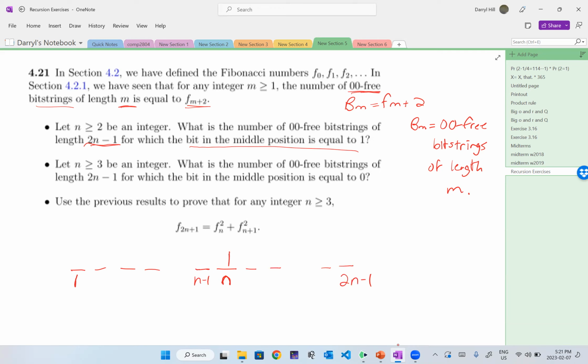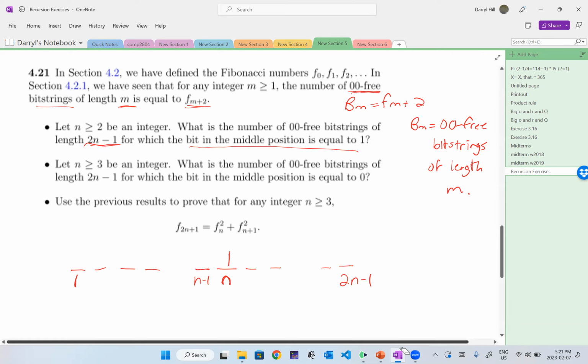So this is a 00-free bit string, and I want you to count the number of 00-free bit strings in which the middle bit is a 1. Okay, so this is similar to how we count them in general, right? We say, well, if we fix it to be a 1, is there any restriction on any of the other bits? Well, all we really need is that this is 00-free, and this happens to have a length of n, right?